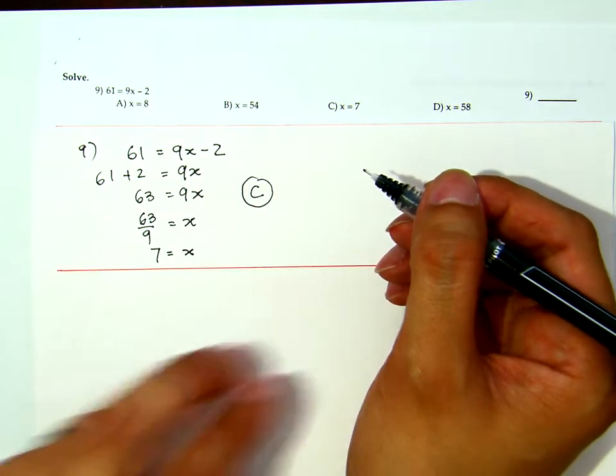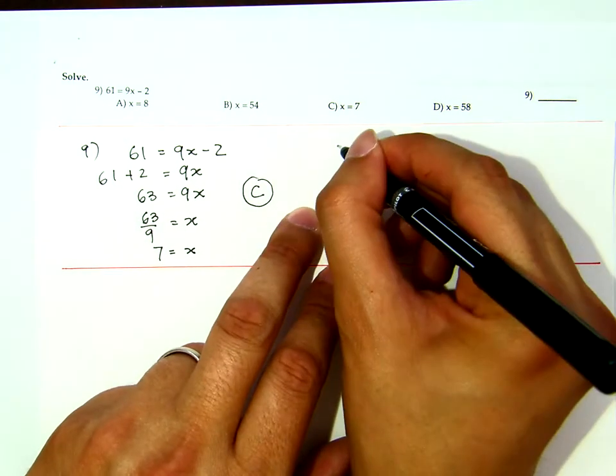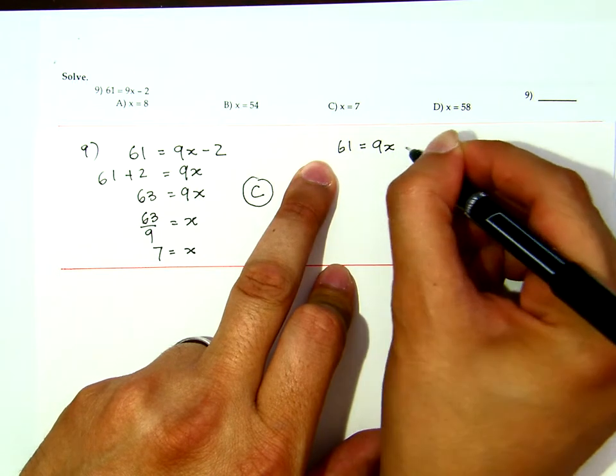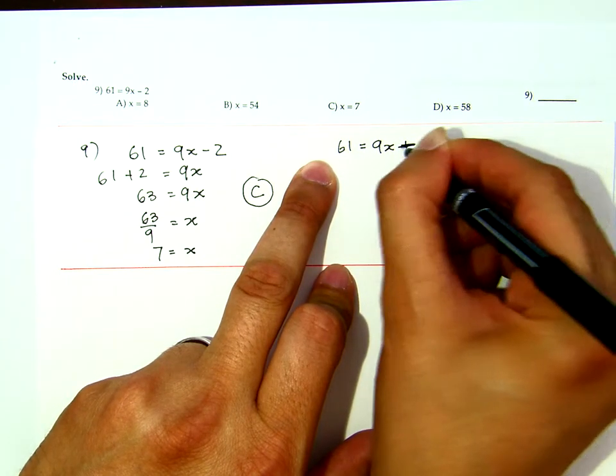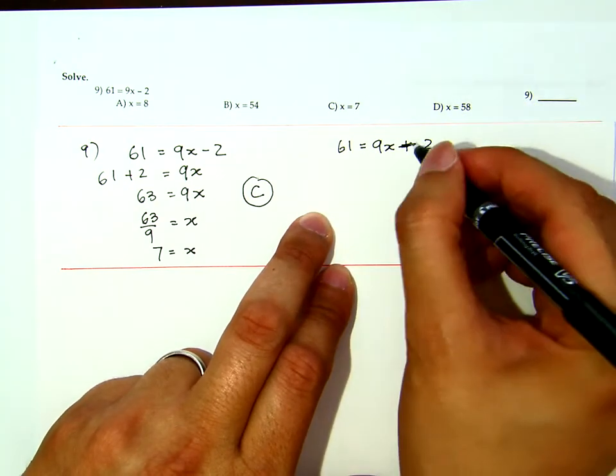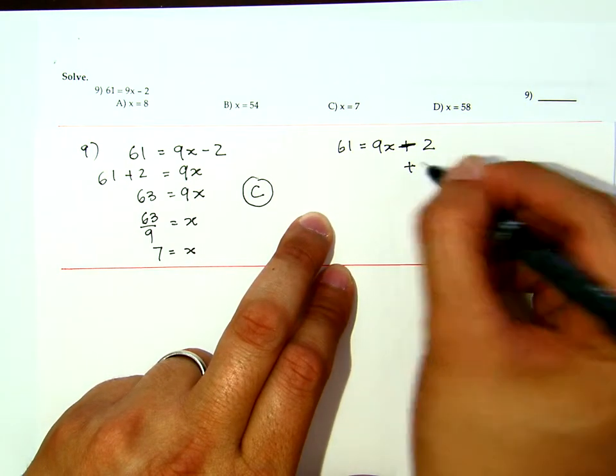Now some teachers, very likely yours, like to show the work this way, and I think it's reasonable. Even though in my class I don't teach this way, I show it here just in case that's how you were taught.